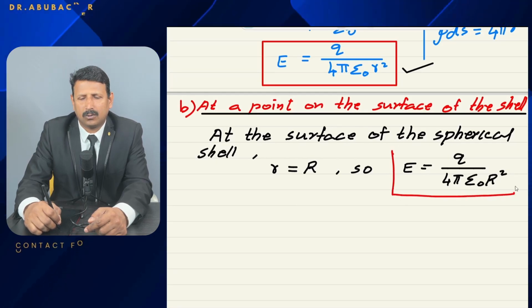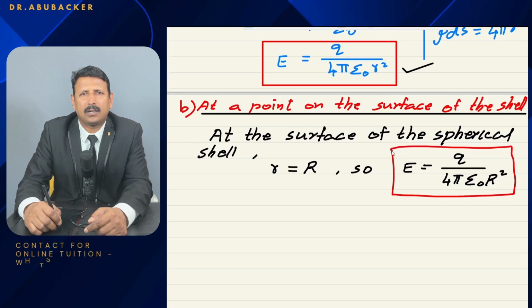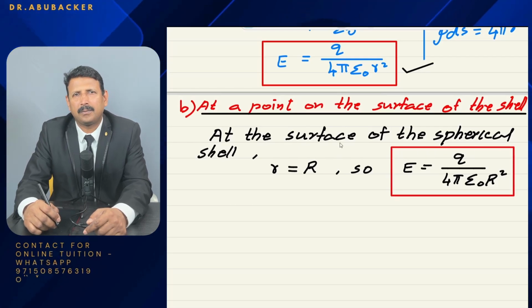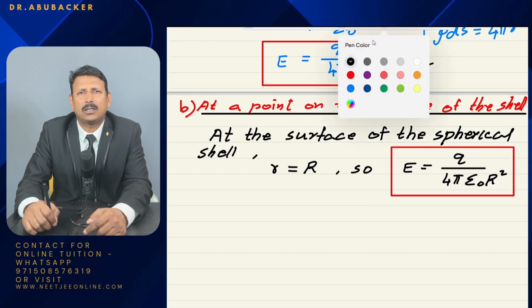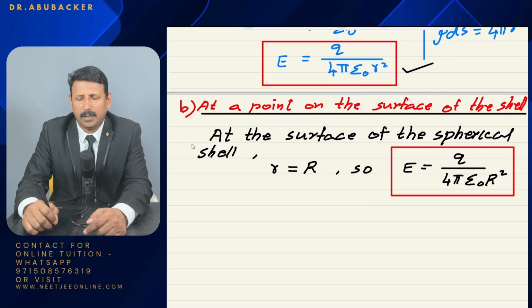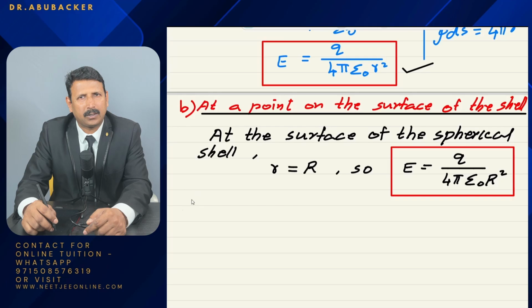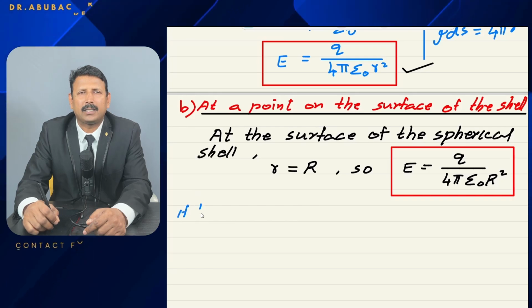Put it in a box. Done, work finished. So electric field purely depends on the r square value, because Q and 4 pi epsilon 0 are constants.